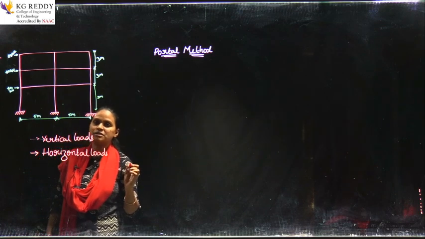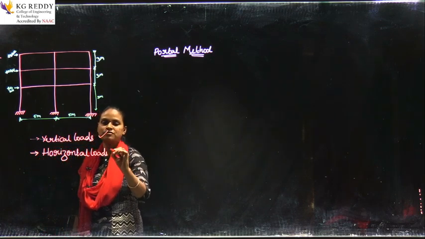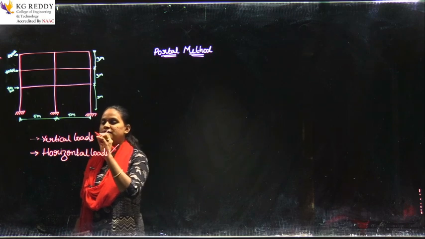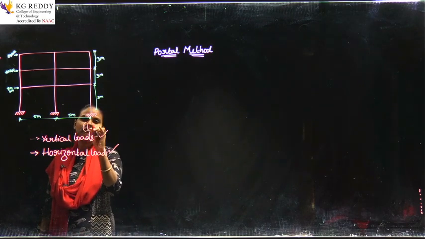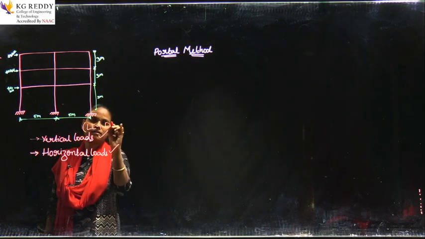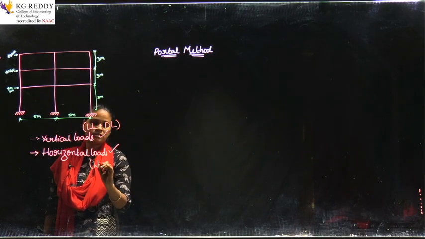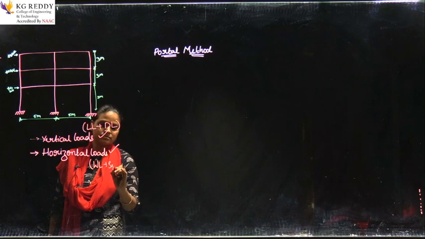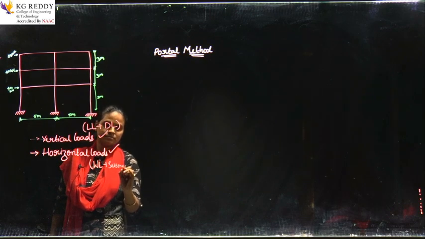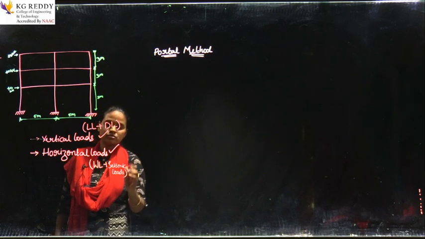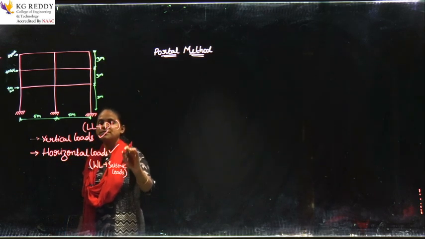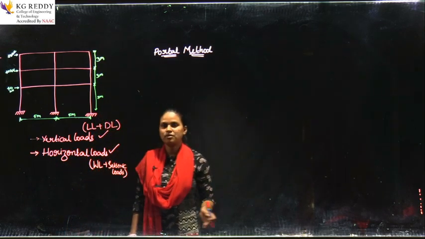The approximate method of analysis considers both of them. For vertical loads we take live load plus dead load, whereas for horizontal loads, wind loads and seismic loads. So these are the two types of loads which we consider for the approximate method of analysis.